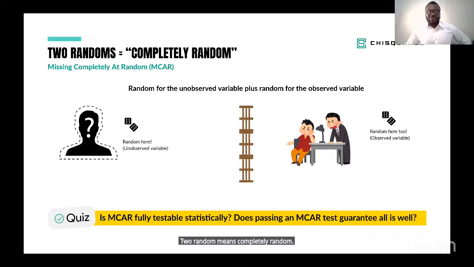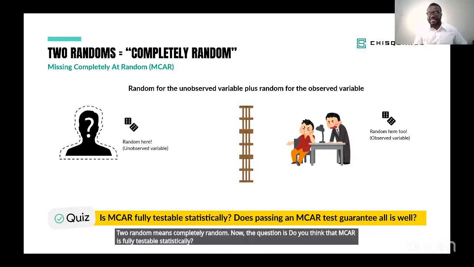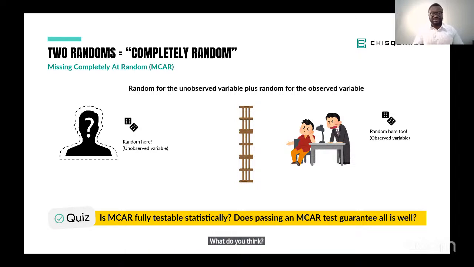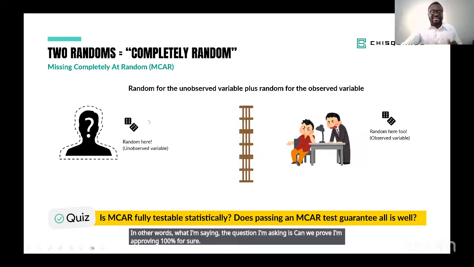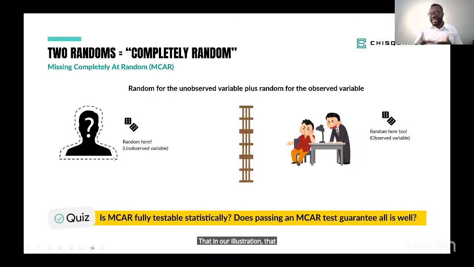Now, the question is, do you think that MCAR is fully testable statistically? What do you think? I need somebody to answer that. The question I'm asking is, can we prove 100% for sure, in our illustration, that this guy has no hand in his disappearance?